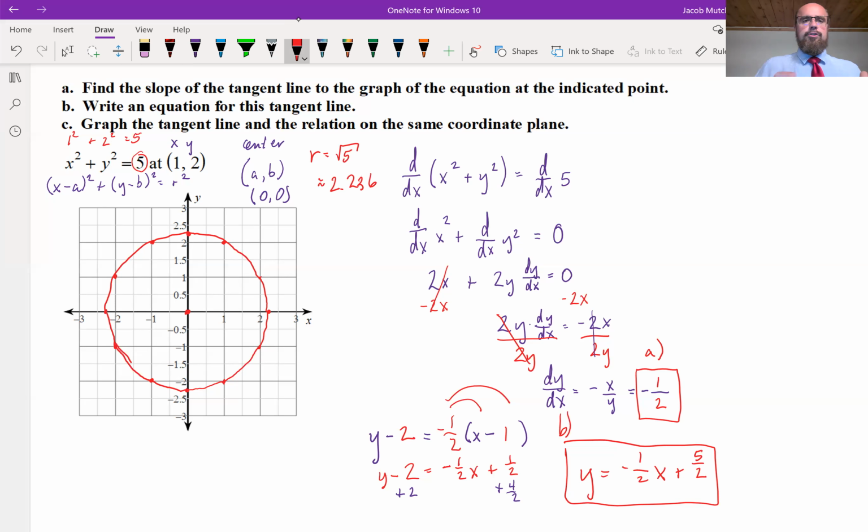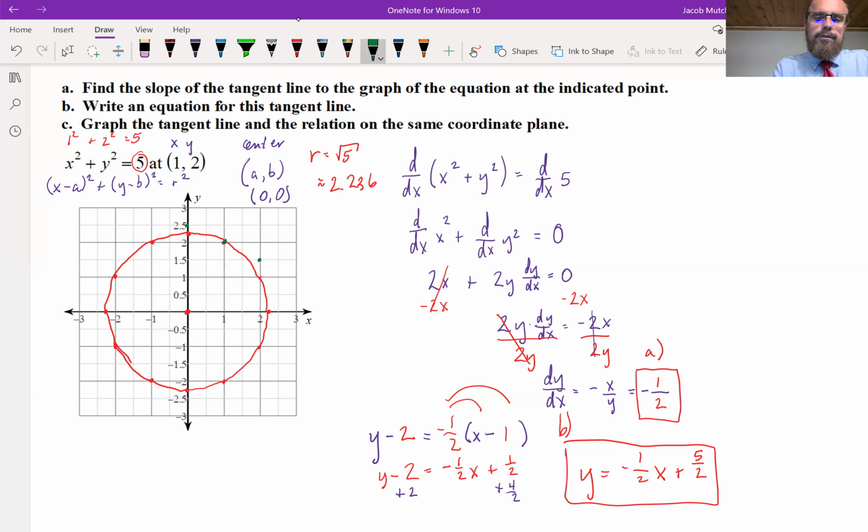And I want to now check to see if the equation that I created for the tangent line is a fit equation. So it's got the y-intercept of 2.5. It's 5 over 2. So I'm going to graph that there. In fact, let me pick a color that'll pop out. So there's a green. And then the slope is -1 over 2.